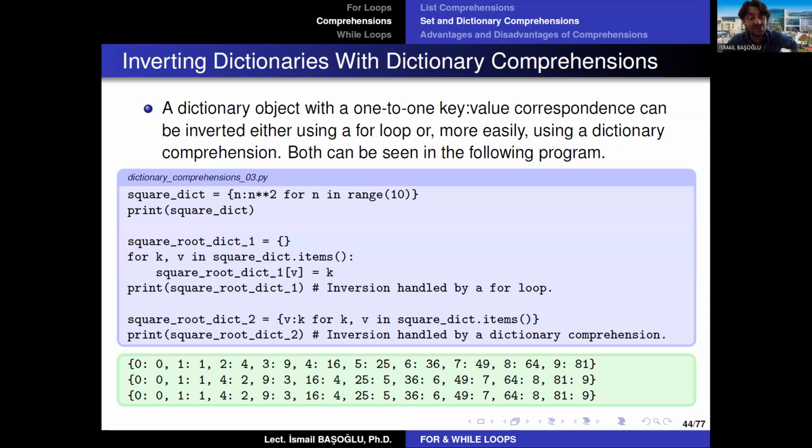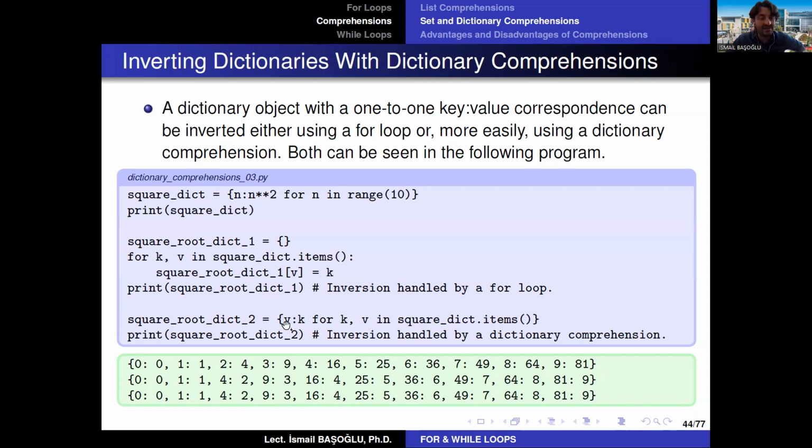Now it is much easier to handle it with a dictionary comprehension, my friends. So I say my second square root dictionary is obtained by a dictionary comprehension where the assignment targets are key and v, which are taking values from the items method applied on the square dictionary.